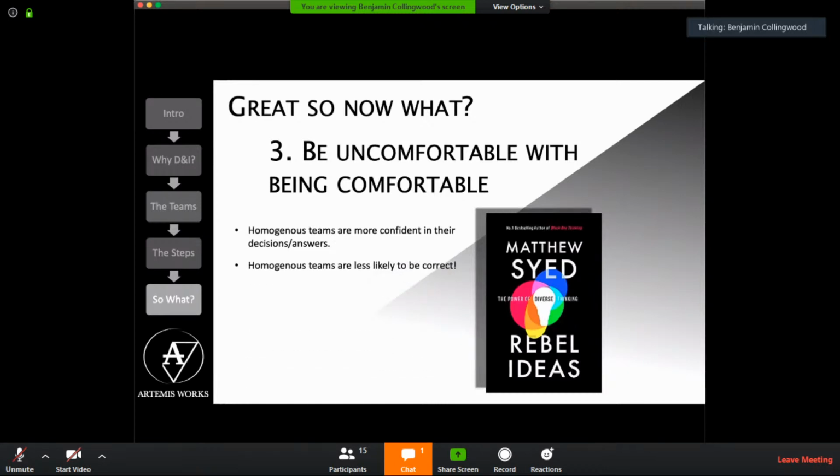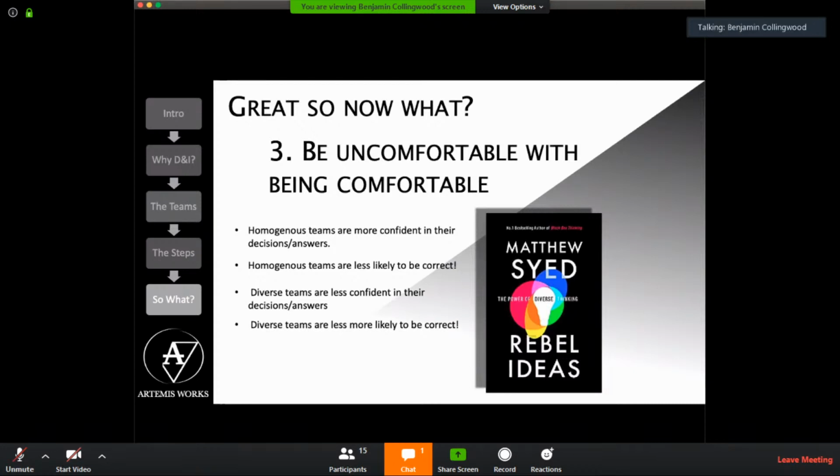However, homogeneous teams were less likely to be correct, so they were more likely to be wrong in their answers, and to take more time in the speed ones, but come up with the wrong answer anyway. So that's our homogeneous teams. Diverse teams were less confident in their answers and decisions, but guess what's coming next, right?